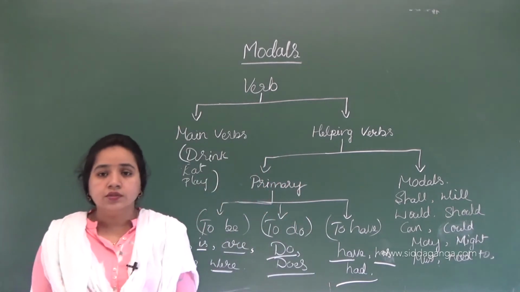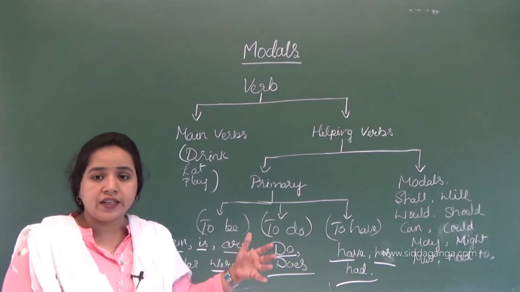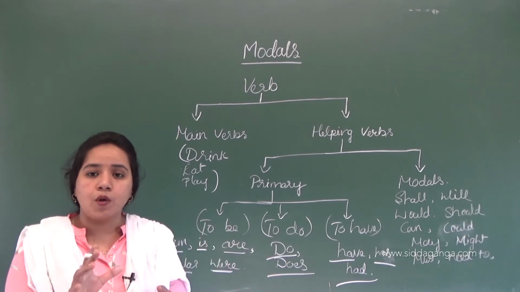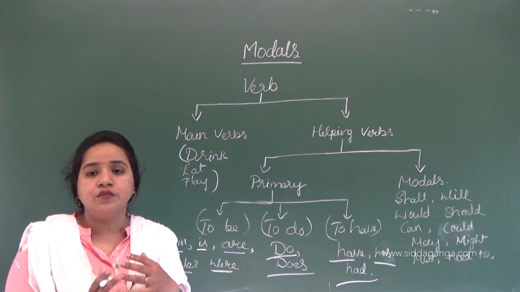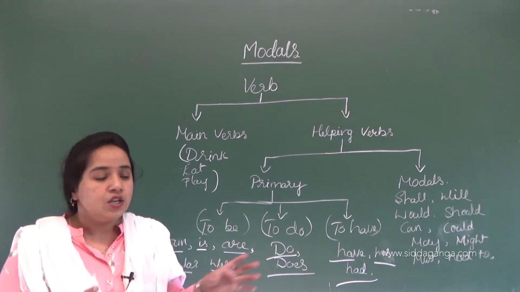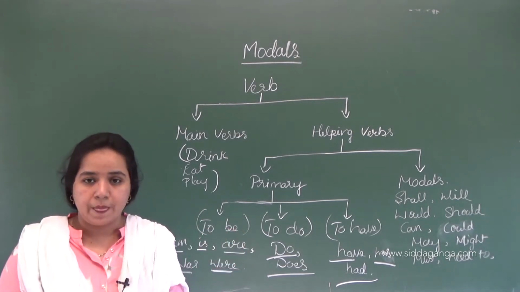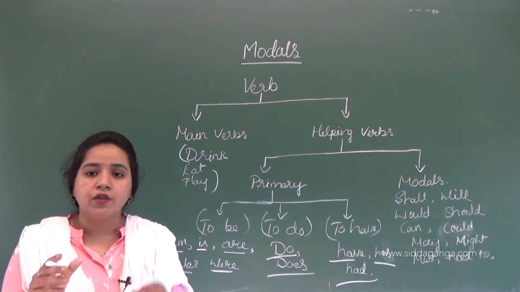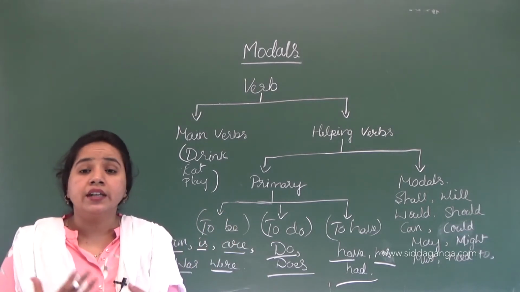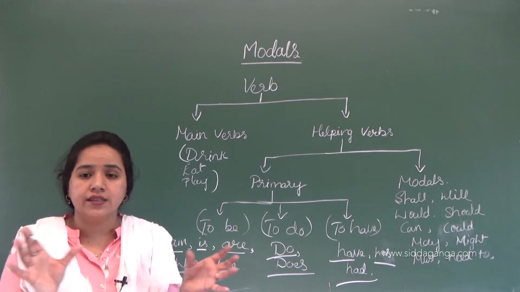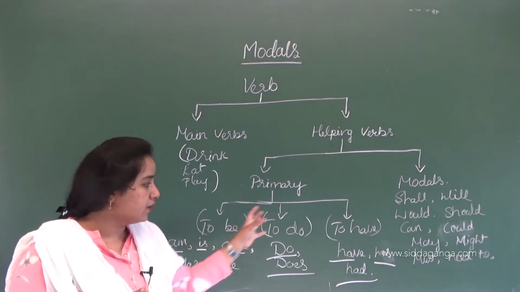We may ask questions like: frame the correct form of the verb given in the bracket, or write a to be form verb, or with the help of the to be form, complete the sentence. Usually these kinds of questions arise regarding these things.